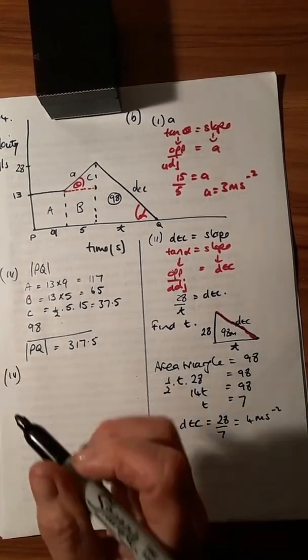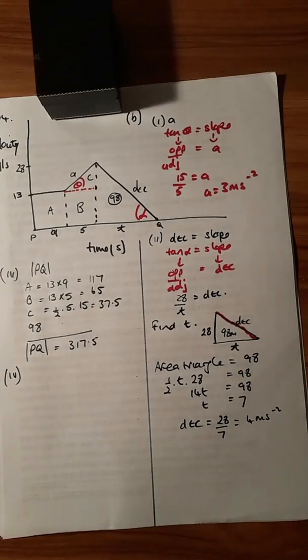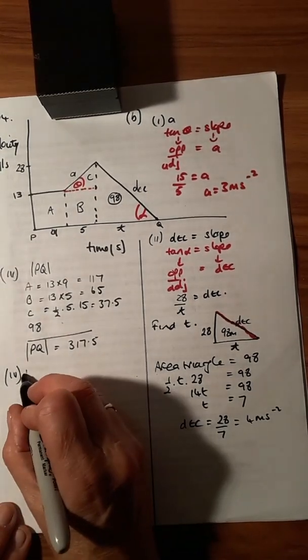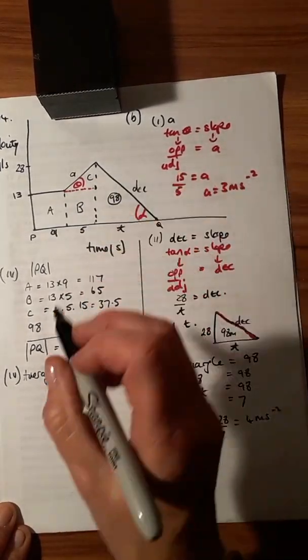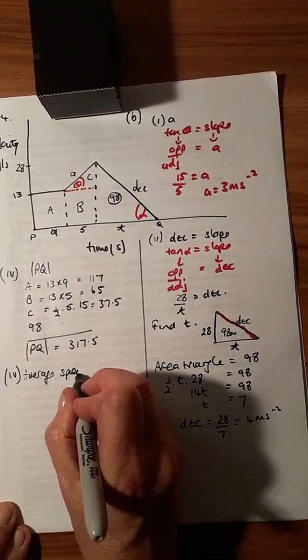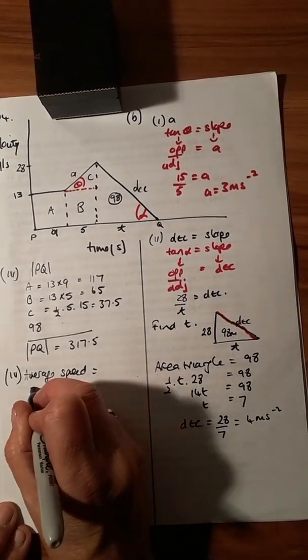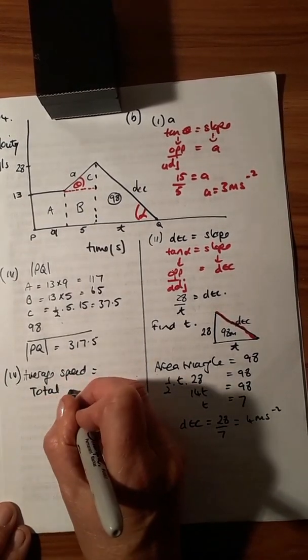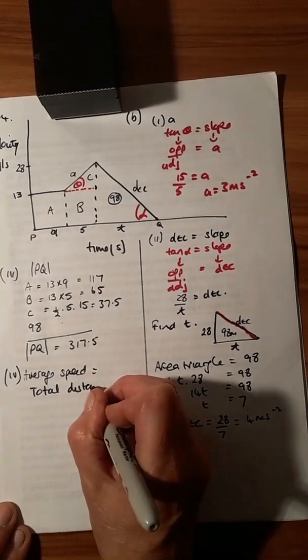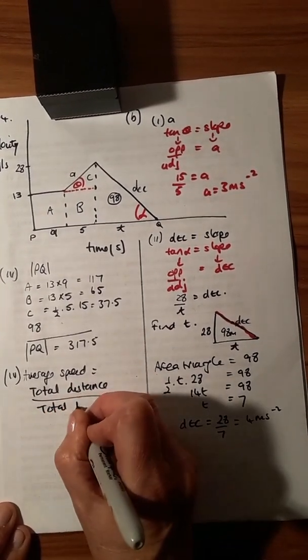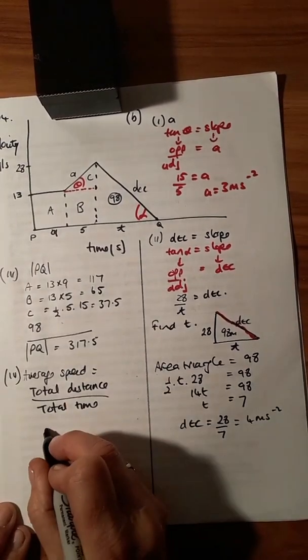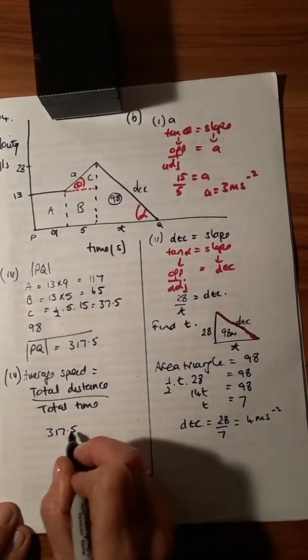Now the last bit of that question asks for the average speed of the car as it travels from P to Q. Average speed, because the speed is changing as you can see as we go along, is the total distance divided by total time. We know the total distance is 317.5.